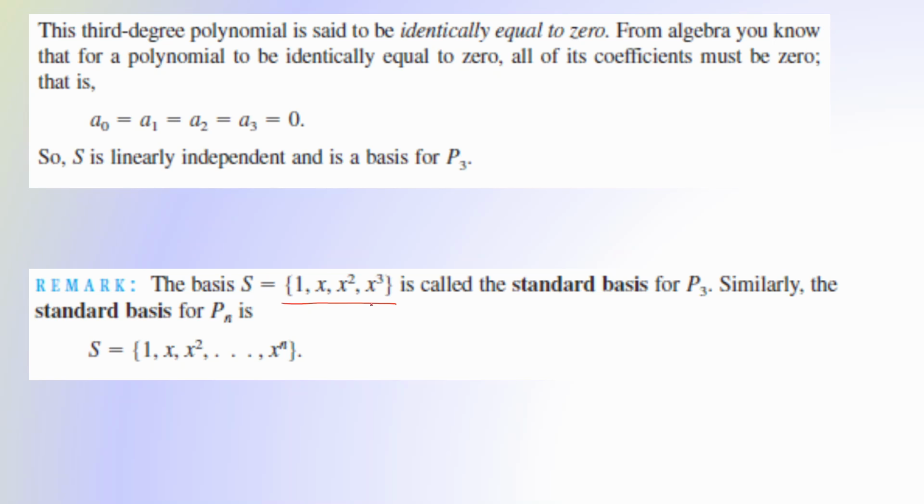So if we have a polynomial in general, we can generalize this result: the standard basis for Pn, the polynomials of degree n, is 1, x, x squared, until xn. For example, for P4, the basis is 1, x, x squared, x cubed and x4. So this is known as the standard basis for P4. The standard basis for P3 ends with x cubed. The standard basis for P4 ends with x4.